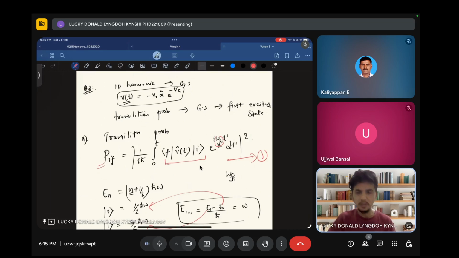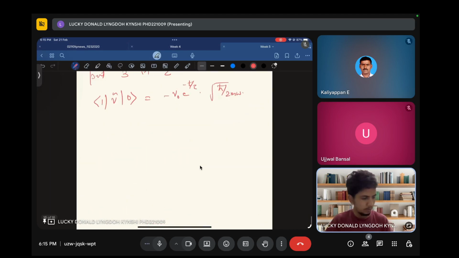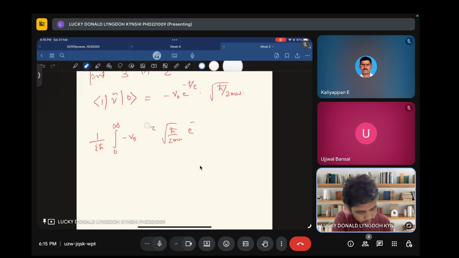Then the last thing is you just need to do the integration for P of i to f. Before I do the integration, I'll just write 1 by iħ, integration from 0 to infinity, and ⟨1|V̂|0⟩ is given by minus V0 e to the power minus t by τ. This is what you got, right? And then the root of ħ by 2mω also you got, and e to the power of, sorry, this is minus V0 and e to the power minus t prime by τ. Why do I do it here?